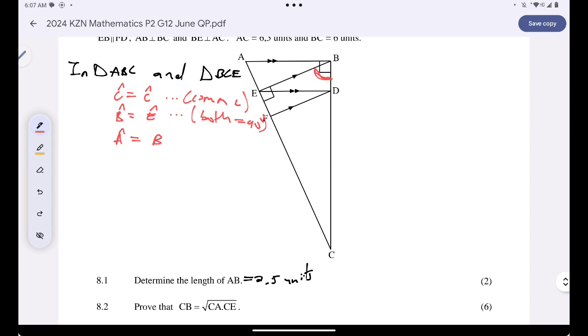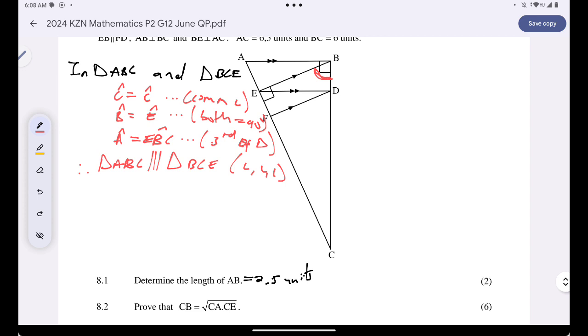This is the third angle of the triangle. So I can therefore conclude that triangle ABC is similar to triangle BCE.